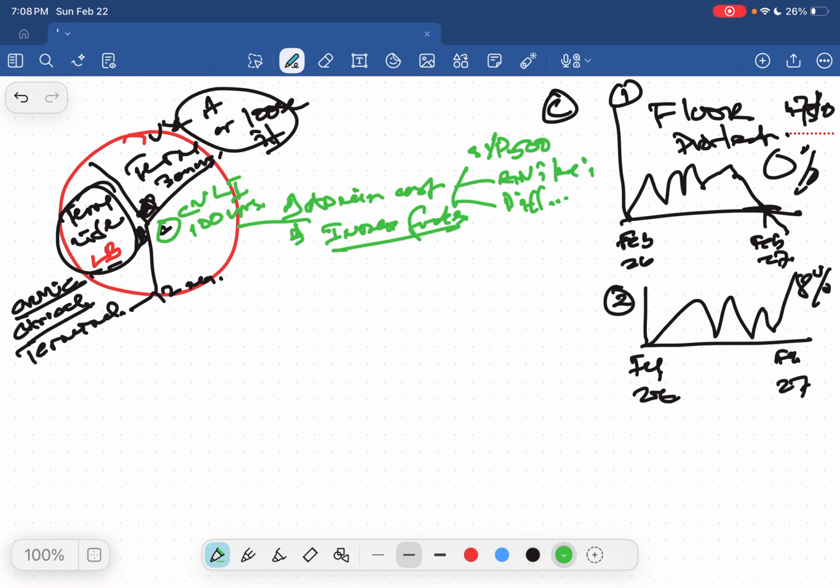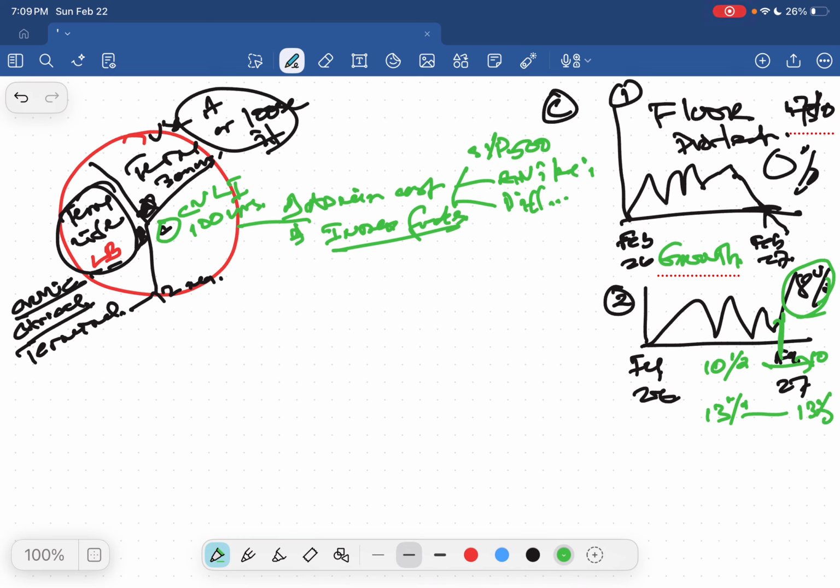Well, that's the good news, because there's growth here as well. If the market goes up 8%, you get 8% at the end of this period. If it goes up 10%, you get 10%. If it goes 13%, you get 13% as well.